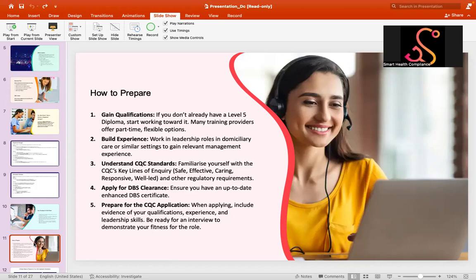So there's a lot we've already discussed and a lot that needs to be in place before we even get to the stage where we can start doing an application. So if this is something that you've been thinking about and you want to start the process, once you've got all of these documents, then is the time to start the application. If you have bits and bobs of the requirements that we need, it can delay the application.